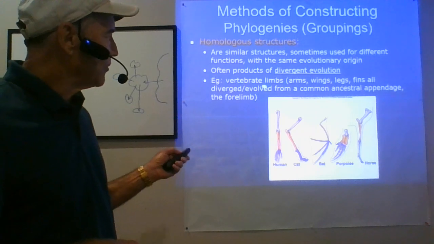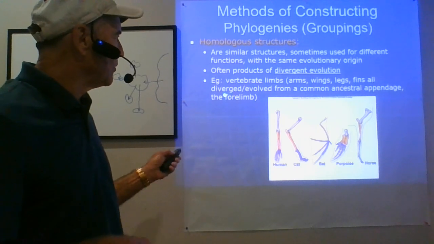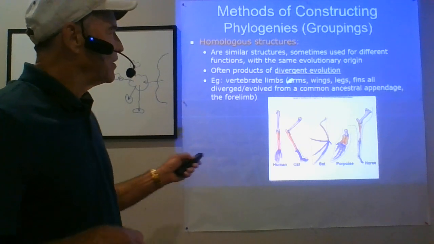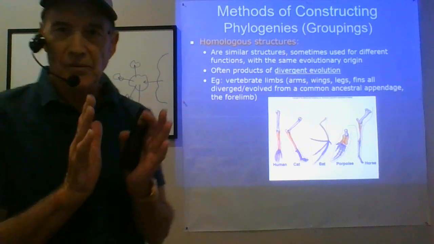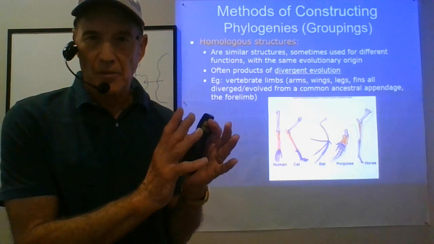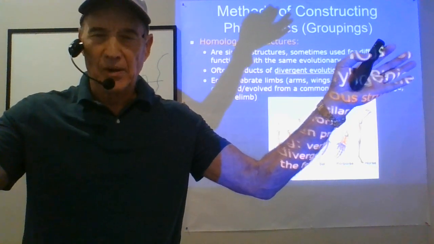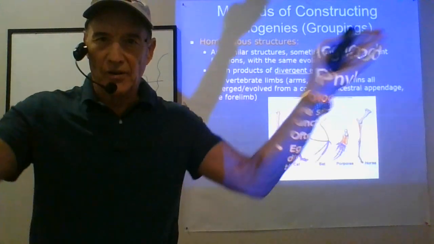Vertebrate limbs, arms, wings, legs, fins, all diverged, evolved from a common ancestral appendage. That's divergent evolution. They were once in an organism that was all the same appendage, and over time they changed to differing features, differing appendages.